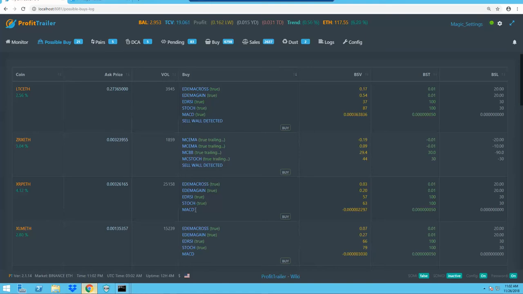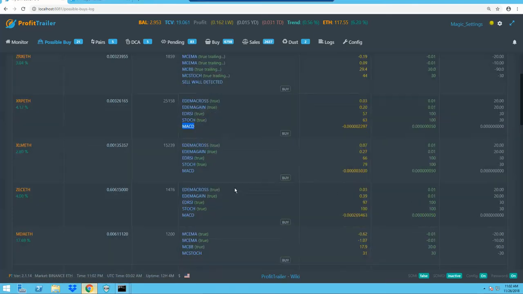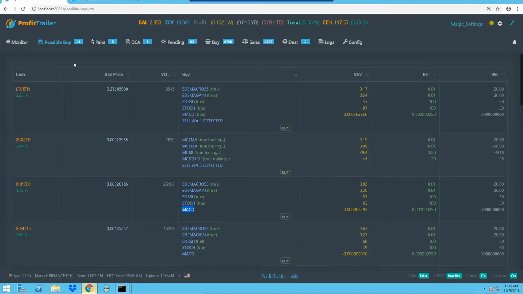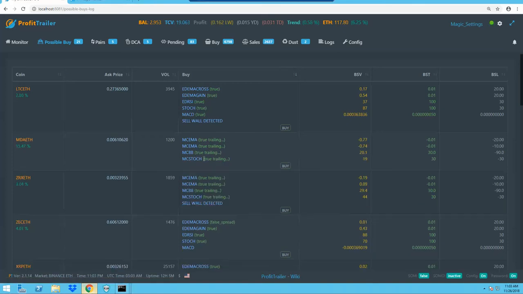If a coin is not fully true, meaning there's four of these true but the fifth rule is not yet true, then it's not looking to buy this coin. So while there are 21 possible buys, there's only one coin that we're actually, well, now we have two here, true trailing. Okay?